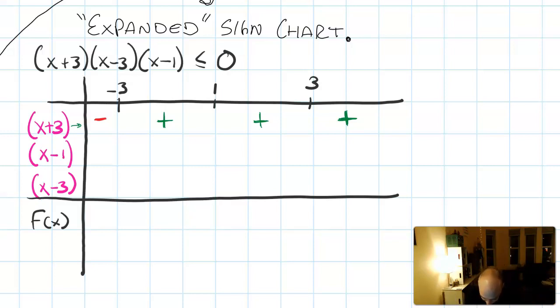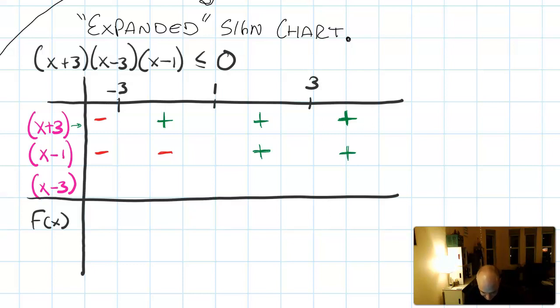X minus 1, well, something less than negative 3 minus 1 is going to stay negative, and then all the way up to 1, like say, 0.5 minus 1, still negative. So in that whole region, I would write a negative for just the factor x minus 1. As soon as you go past 1, like 1.5 minus 1, now you're positive. So positive here. And something bigger than that, like 5 minus 1, is definitely positive.